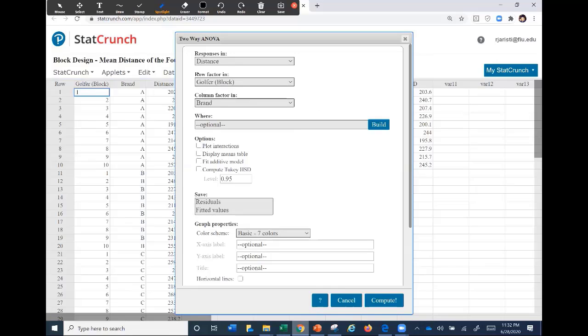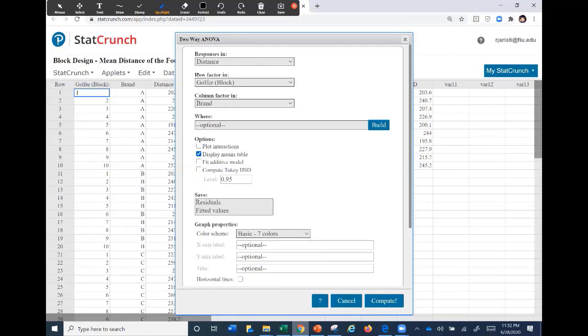To do a block design, you need to select these 3 boxes. Display means, because after that we need to do a comparison using Tukey or Bonferroni, and we need the means for each brand. We need to select fit additive model, because when we select the additive model, we don't take into consideration the interaction between blocks and brands.